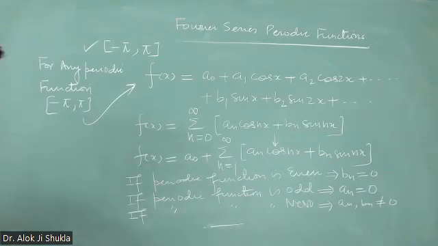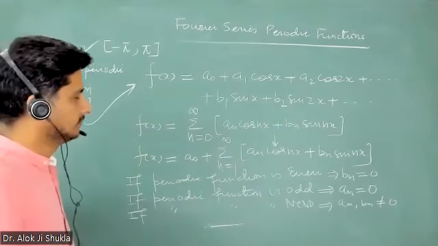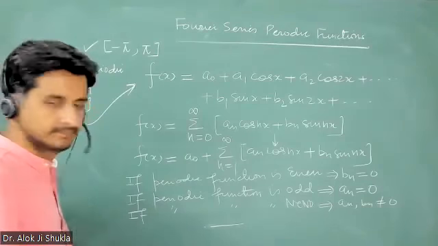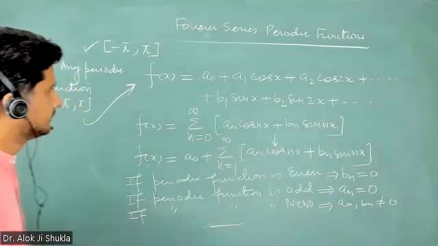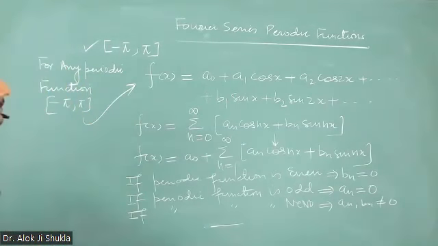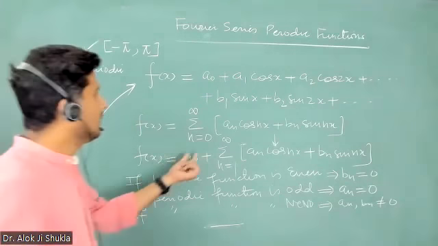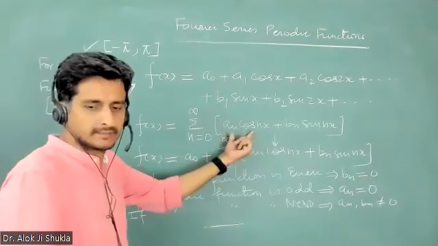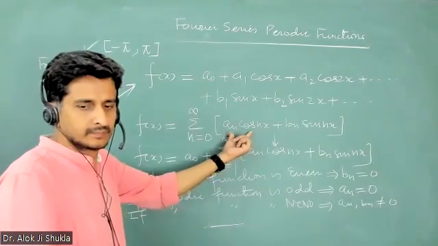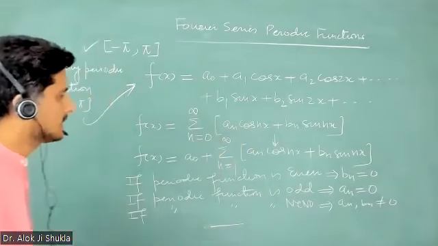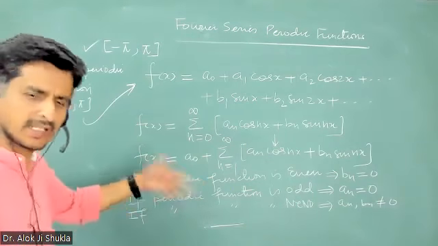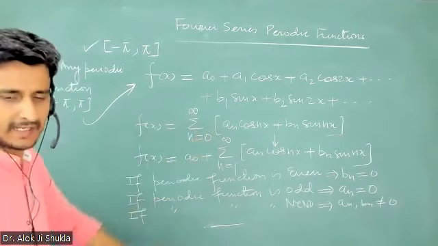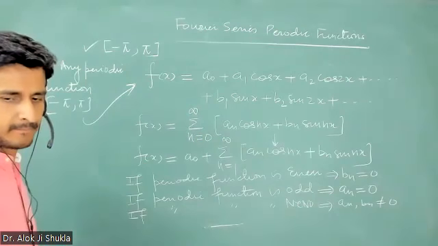Is it okay? Sir, yes. fx equals to a naught plus n equals to 1 to infinity. If the function is odd, then a naught की term होगी वहाँ पे, a naught तो just even का ही part है ना. Okay. a naught is just part of even. तो अगर फंक्शन ऑड है तो a naught हो सकता है, 0 भी हो सकता है, बट पहले से नहीं कह सकते. Okay.